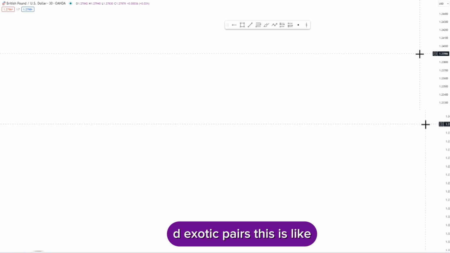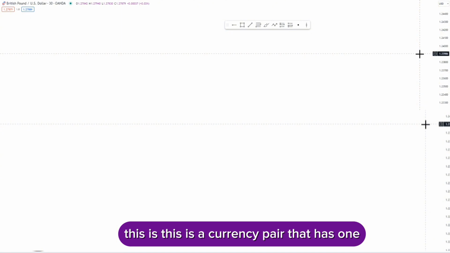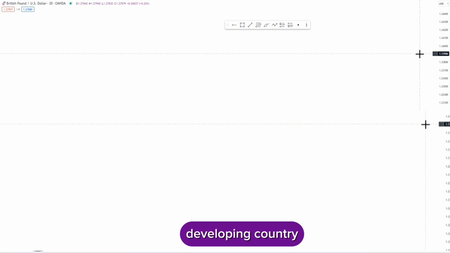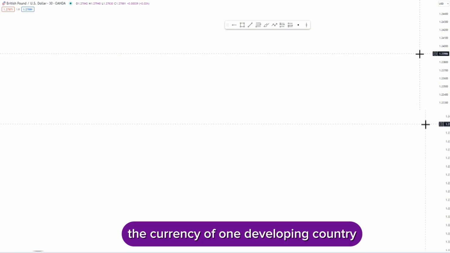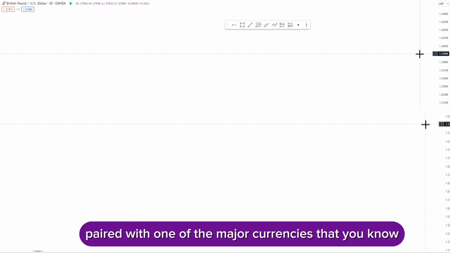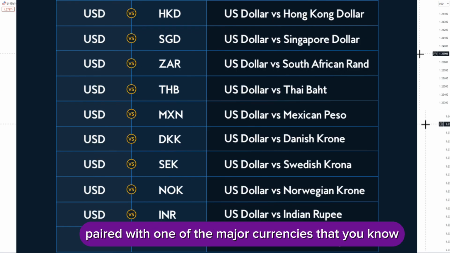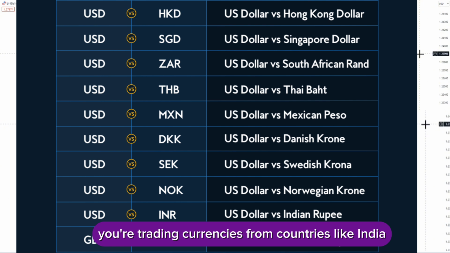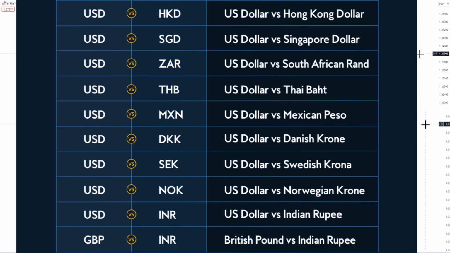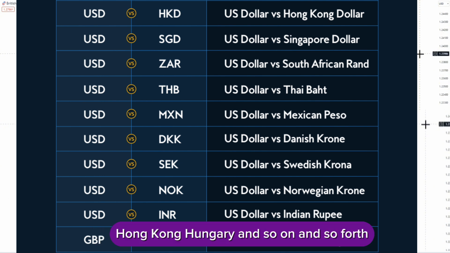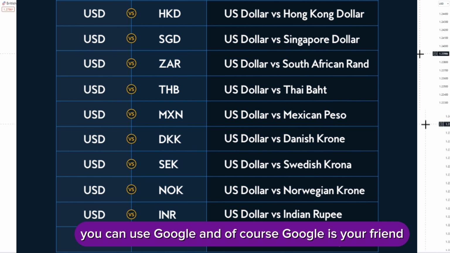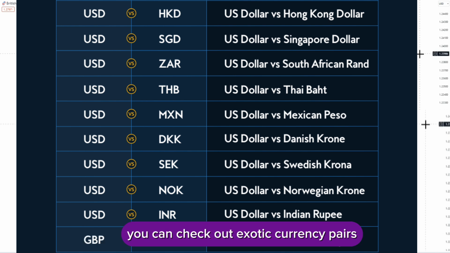This is a currency pair that has the currency of one developing country paired with one of the major currencies that you know, right? Like when you're trading currencies from countries like India, Hong Kong, Hungary, and so on and so forth, you can use Google, and of course, Google is your friend. You can check out the exotic currency pair.